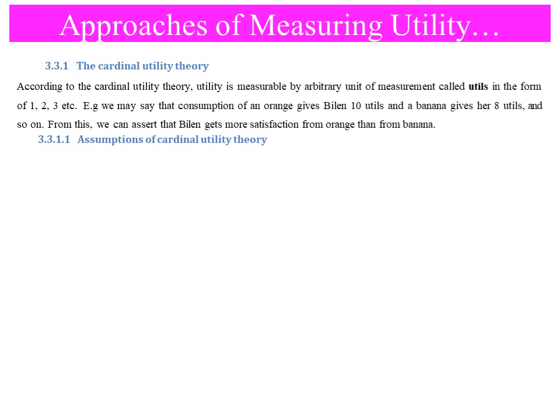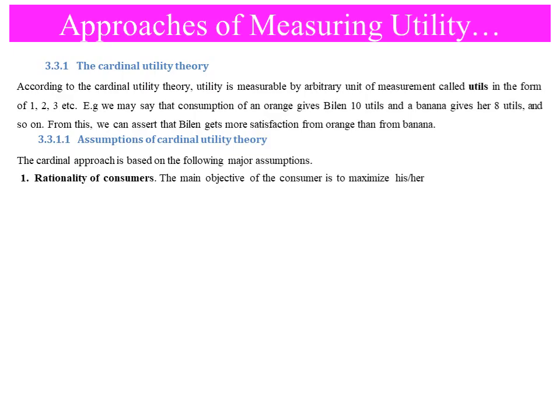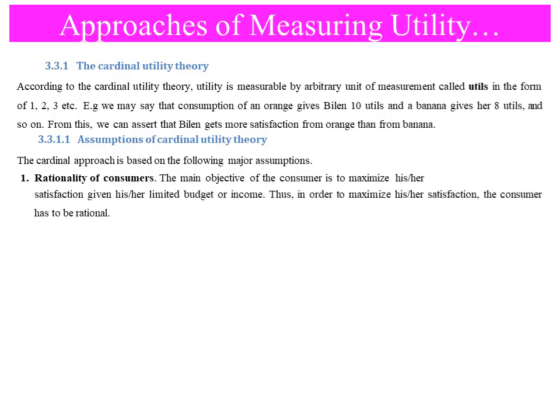Assumptions of the cardinal utility theory. What are the assumptions of the cardinalist utility theory? The cardinal approach is based on the following major assumptions. The first one is the rationality of the consumer. The main objective of the consumer is to maximize his or her satisfaction given his or her limited budget or income.